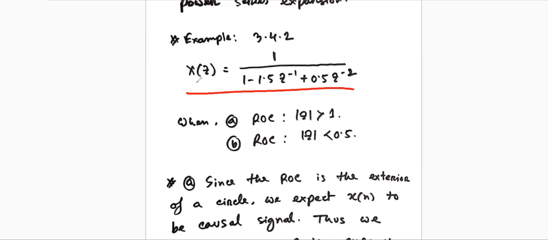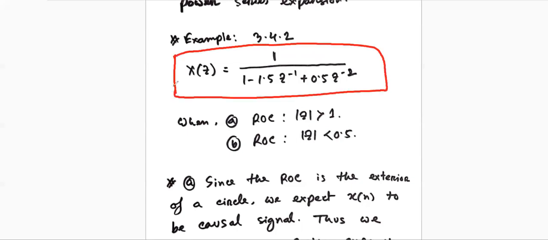But since you are in the z domain, we need to express what is the ROC. So that means this is the mathematical expression. What is the other information you need to go back to the time domain? Of course, the ROC. For A, it's given that the ROC is more than 1.